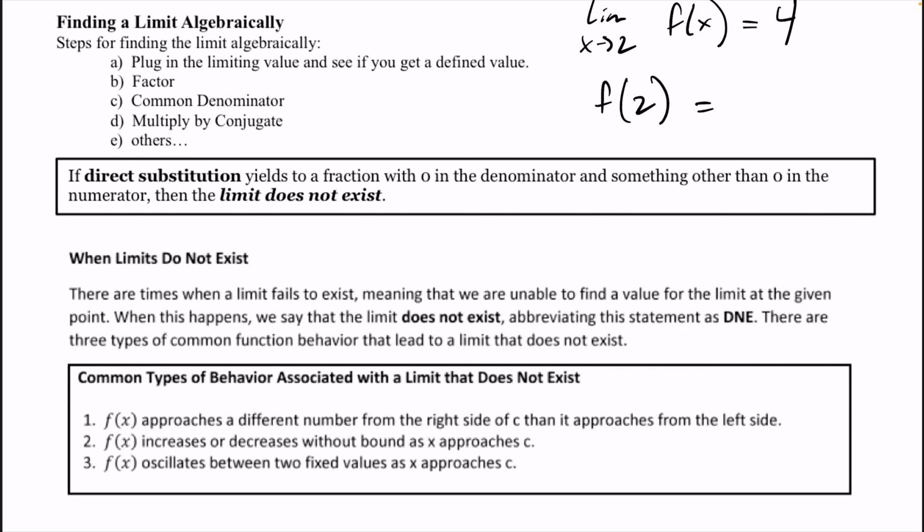Does not exist. This is just 0, right? If I get 0 over something, that's just 0. That's just the answer, 0. Okay? Let's say I plug in my number and I get 0 over 0. That means keep going. What other options do I have? Well, I can factor. Greatest common factor.